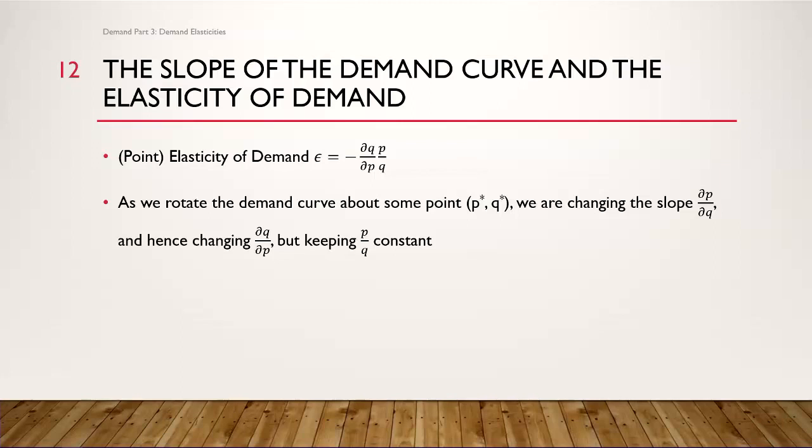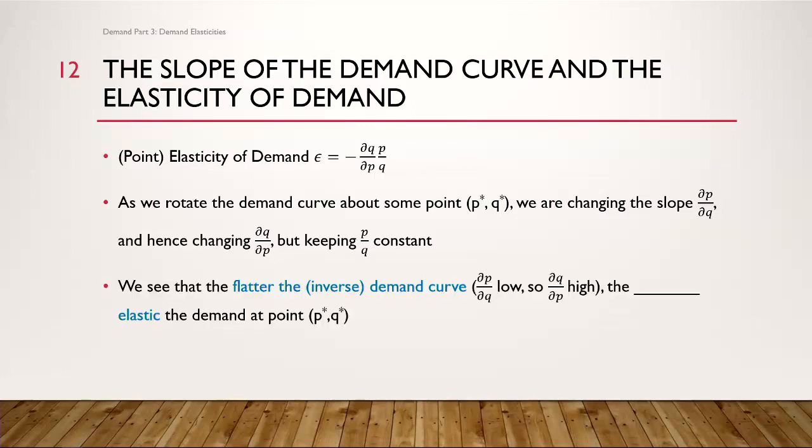Since we're keeping the same point, we're going to evaluate the elasticity at that point, P, Q. Since we're keeping P and Q the same, then notice in the definition of elasticity of demand, P divided by Q hasn't changed. That's just a constant. So the only way the elasticity is changing is when the slope term changes, right? dQ/dP. So we're going to change the slope, but not change P over Q. We're just going to rotate along that point, changing the slope, and ask how the elasticity changes.